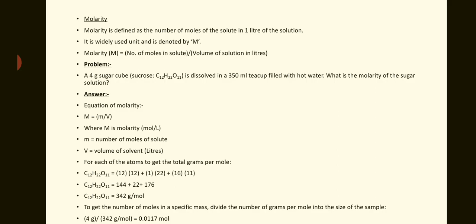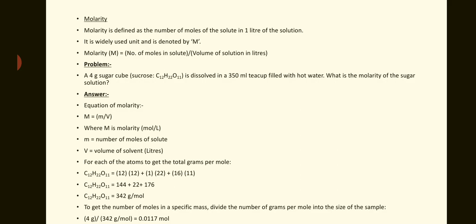So now we have the weight of 1 mole of sucrose molecule, which is 342 gram. So the number of moles present in 4 gram of sucrose will be 4 gram divided by 342 gram.